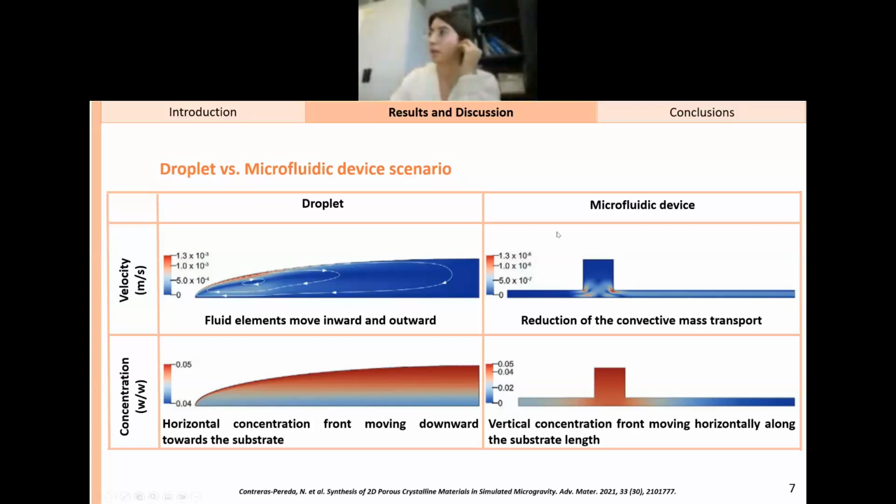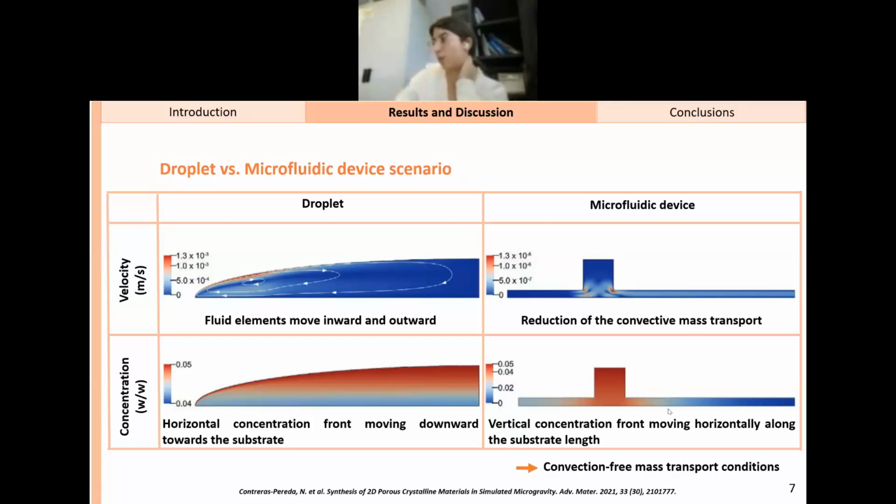So in contrast, in the microfluidic device, the simulations show that there is this reduction of the convective mass transport, which is important. And also that regarding the concentration, you don't have this horizontal concentration anymore. You have this vertical concentration front that moves horizontally along the substrate length. So this means that the reaction can take place on the substrate, let's say.